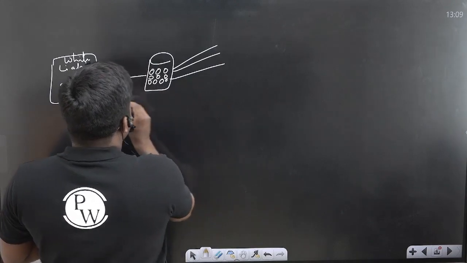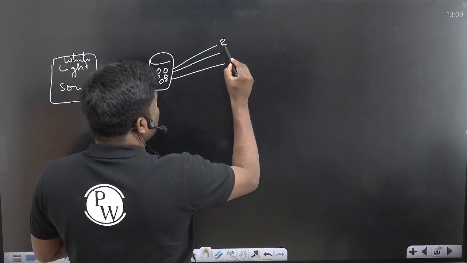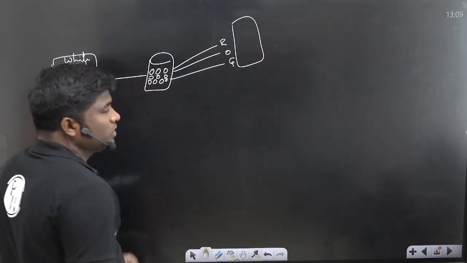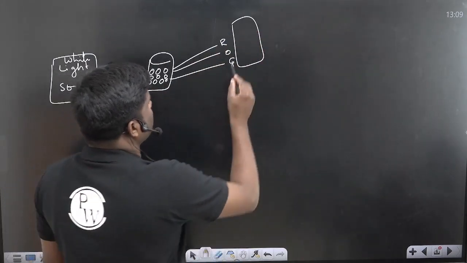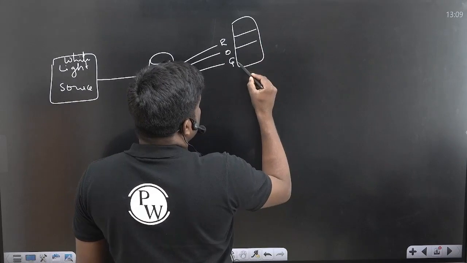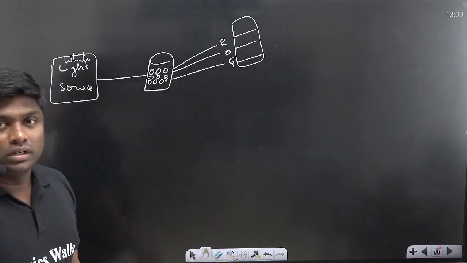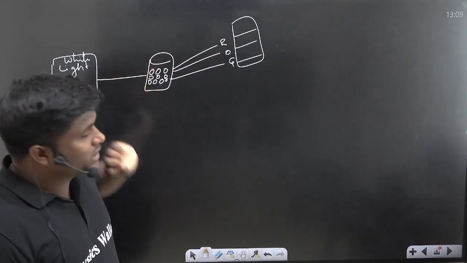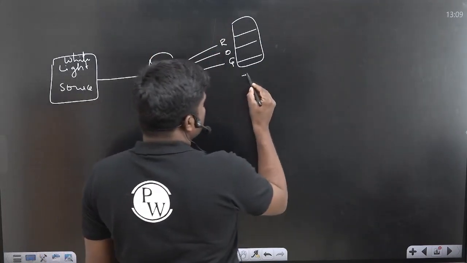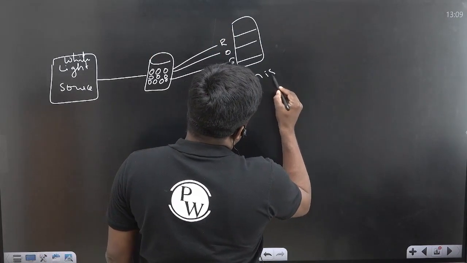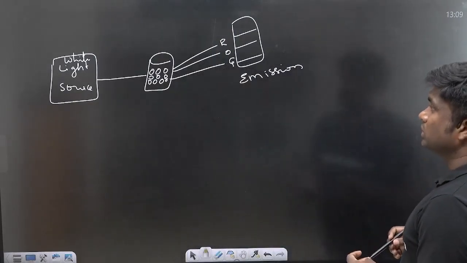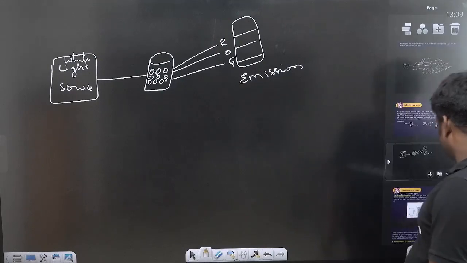Like this. And it is only giving red, orange, green colors on the photographic plate. What colors came on the photographic plate? Only red color, orange color, green color came. So these three colors are emitted by this gas. That's why this is called what spectrum? Emission spectrum. What spectrum is this? Emission spectrum. Okay. And next, absorption spectrum.